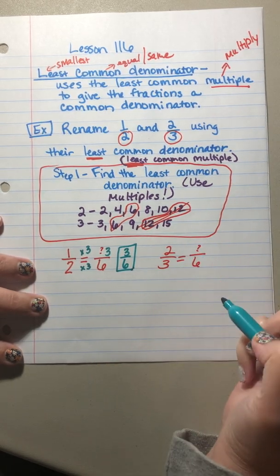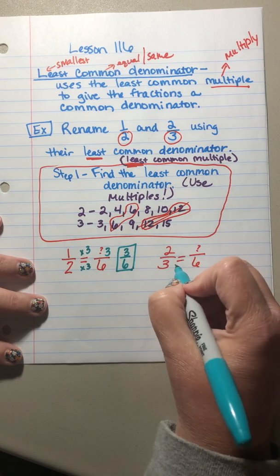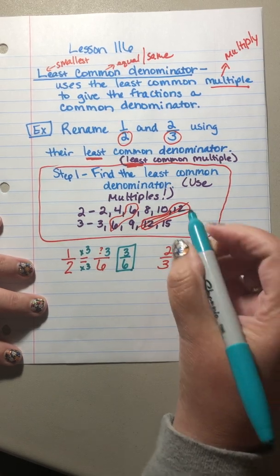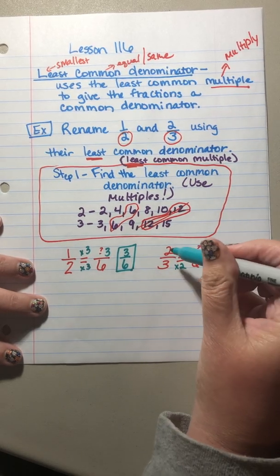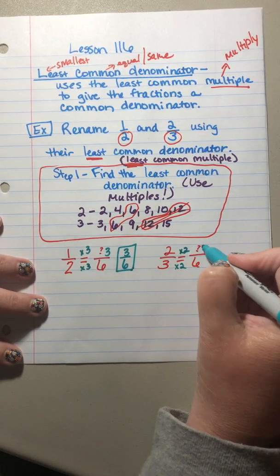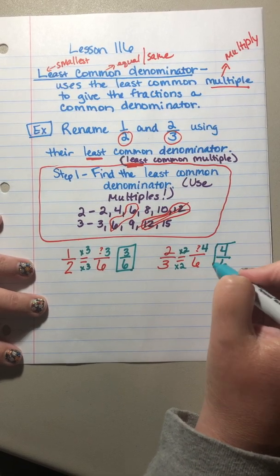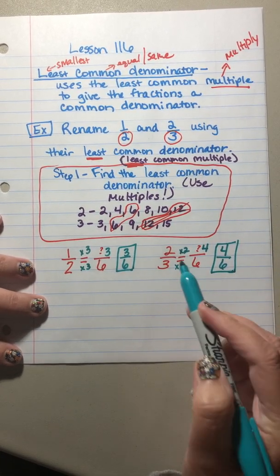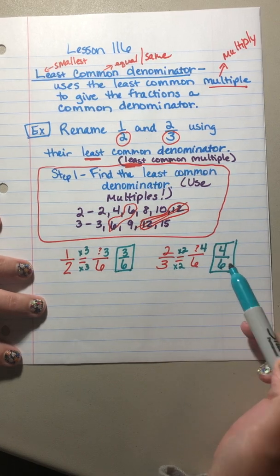Okay, so I go to my next one. 3 times some number will give me 6. I know that number has to be 2. So I have to do that to the top and the bottom. 2 times 2 will give me 4. So 2/3 is renamed to 4/6. So your answer to your problem is 3/6 and 4/6.